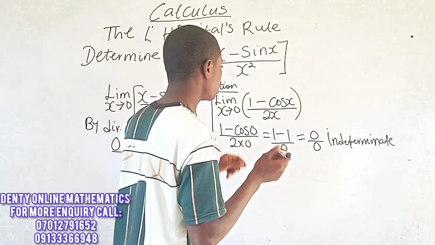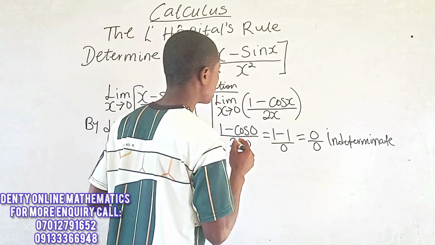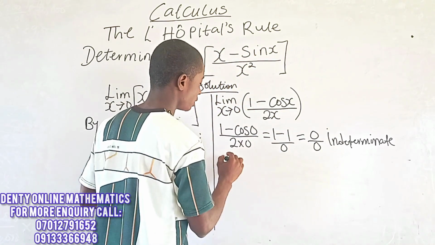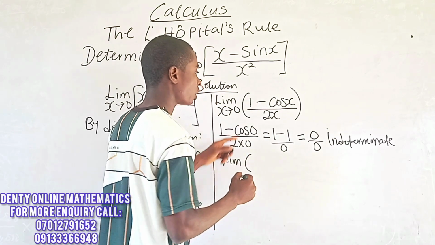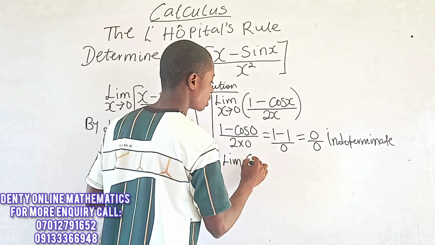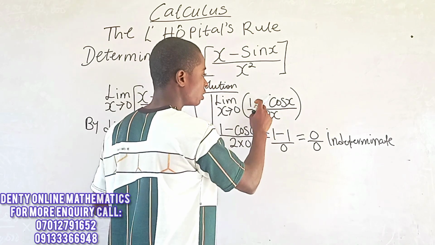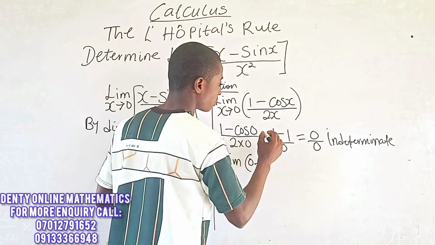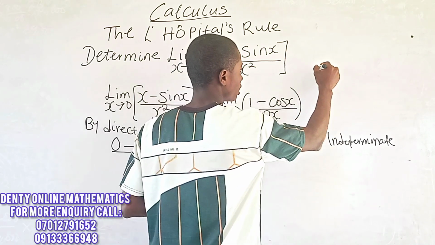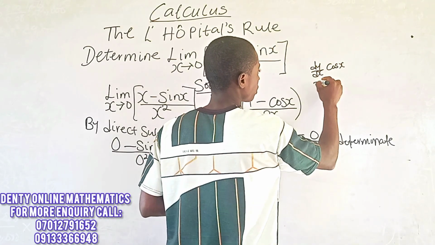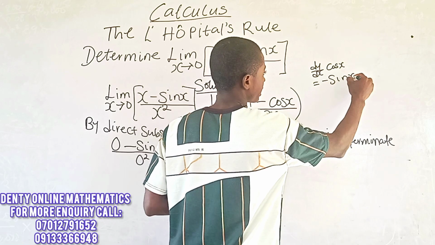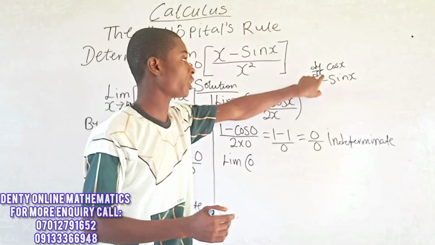Hope you get it. So if we differentiate this again, we take the limit. If we differentiate 1, it is 0, because the derivative of a constant is 0. Minus, if you differentiate cos x, remember, d/dx of cos x is equal to minus sin x.